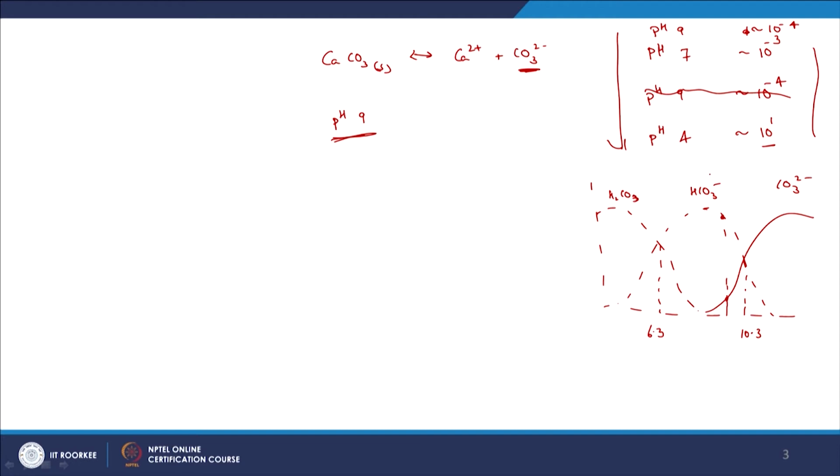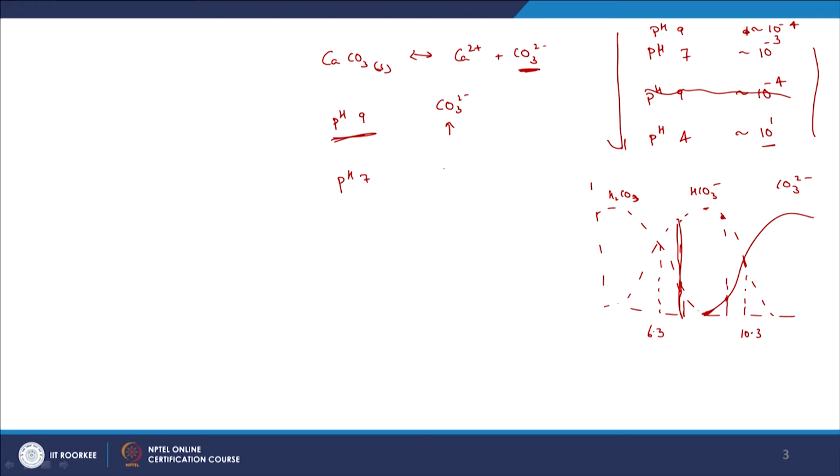So, at pH 9, the CO3 2- concentration is relatively high, and at pH 7, around here, you see that there is going to be no CO3 2- concentration.